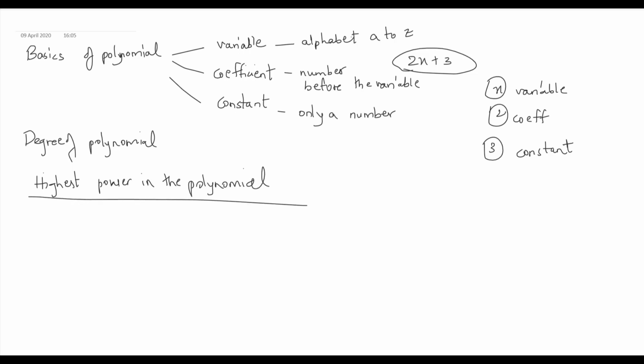For example, 2x square plus 3x plus 3, and 3x cube plus 3x square minus 3x plus 3. In the first, the power is 2 for the first term, 1 for the second, and the constant can be x power 0. So the highest power here is 2. Therefore the degree of the polynomial for this is 2 and for the other is 3.